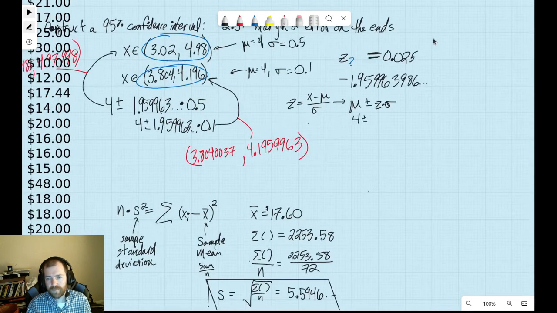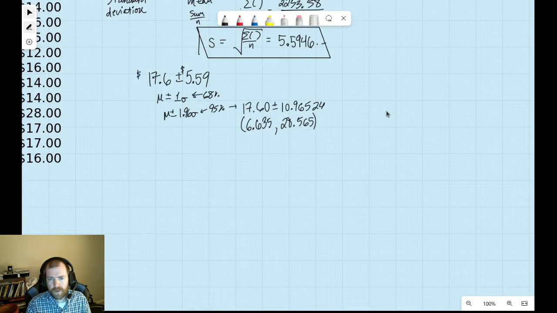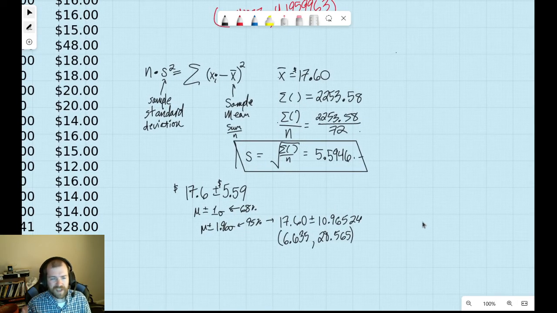The actual, or a closer value, was 1.959963, but 1.96 is so close to that nobody cares. So 1.96 is as close as we need it to be, instead of just 2 sigma.